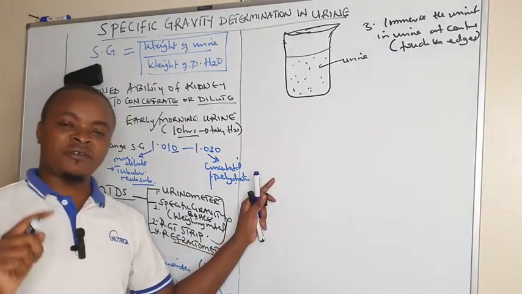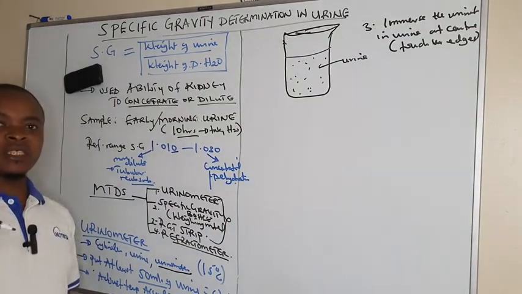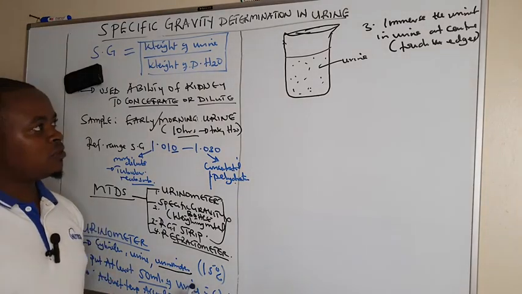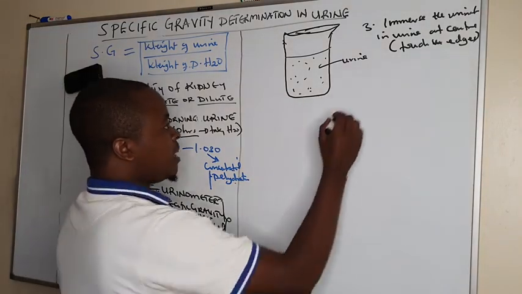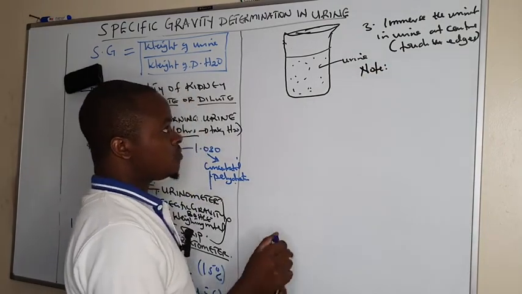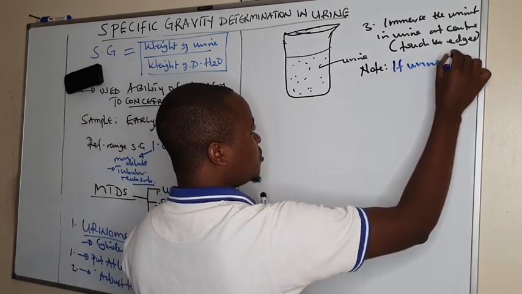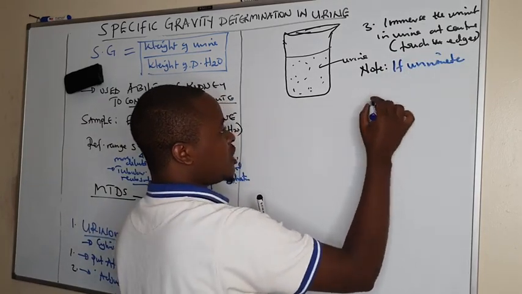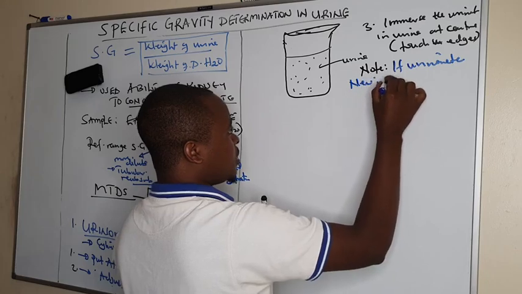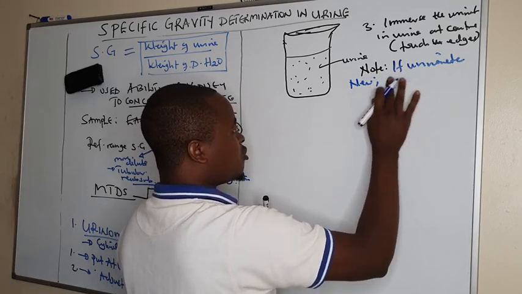If the urinometer is new, you first have to adjust it by measuring it in distilled water. I want you to note that if you are using a new urinometer, you have to control it.